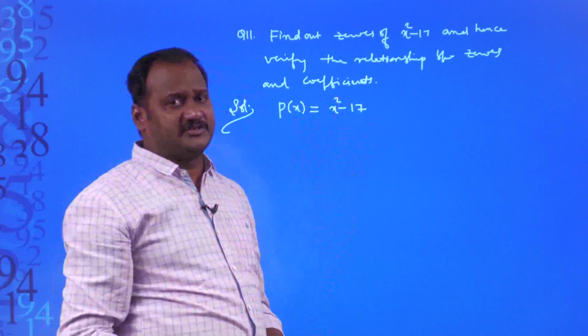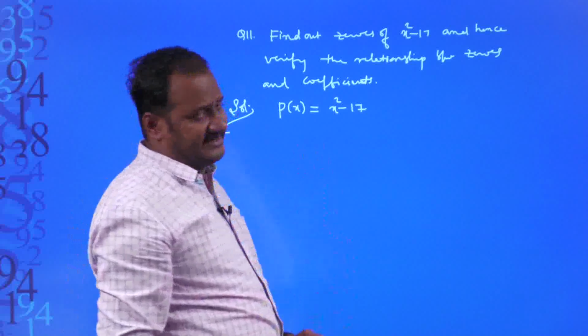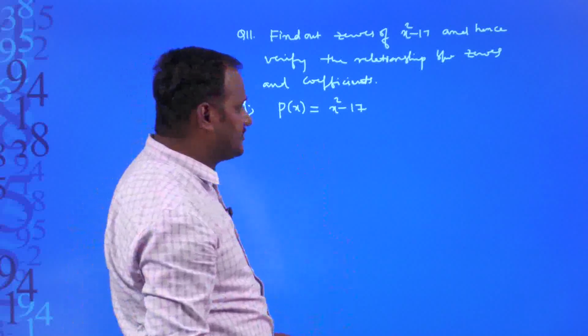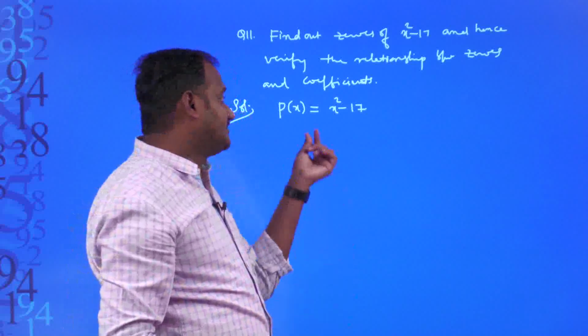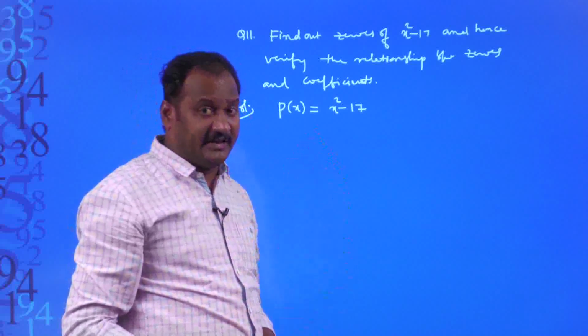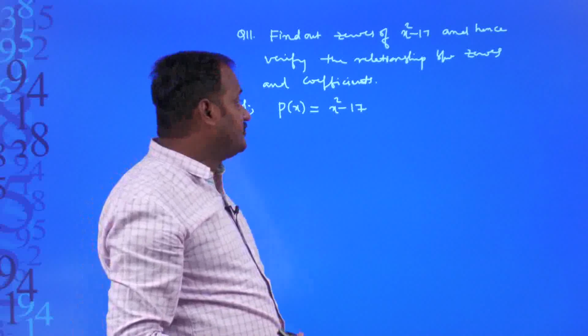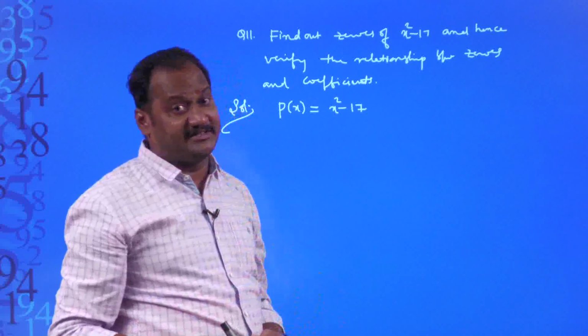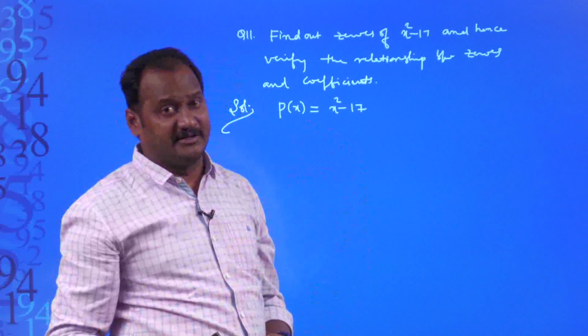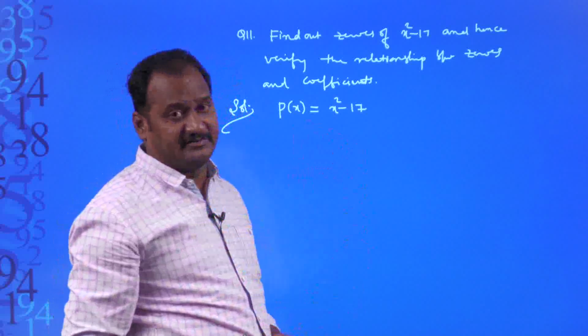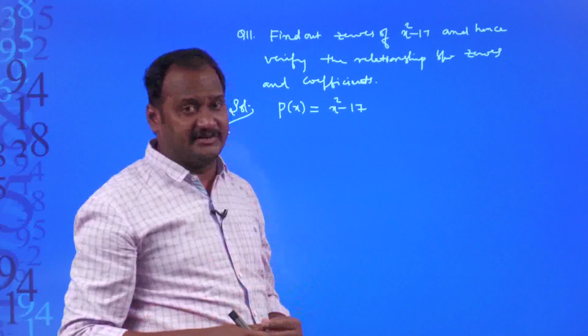To find out zeros of the polynomial, definitely I will have to factorize this. But how do I factorize this x square minus 17? Since it is having only two terms and the first term is a square number, to compare this with a square minus b square, the second number should also be a square number. How do I make this 17 a square number, and how much whole square is equal to 17?